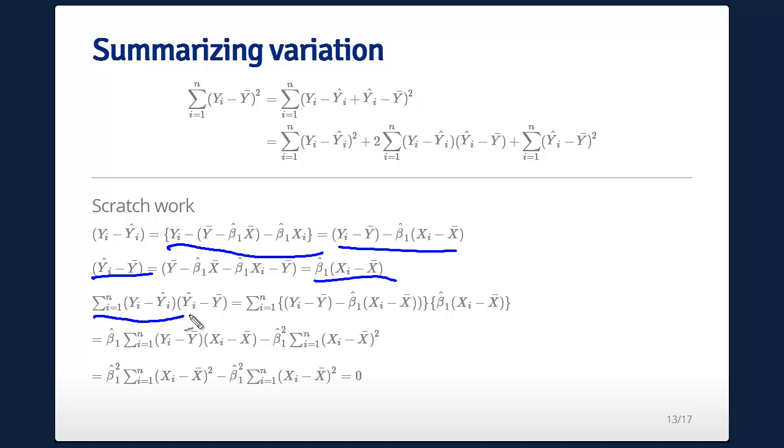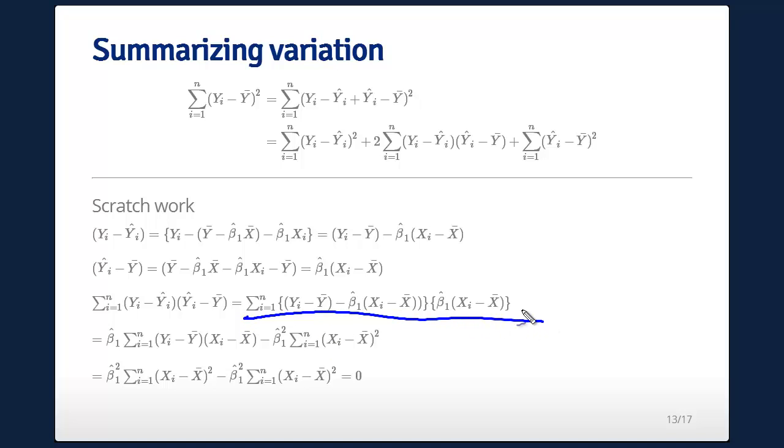So take this expression and plug these two things in with our simplifications, and you wind up with this expression right here, which you can then distribute the sum across and get this term minus that term.